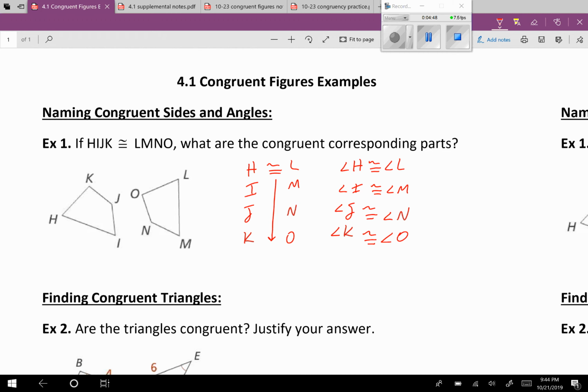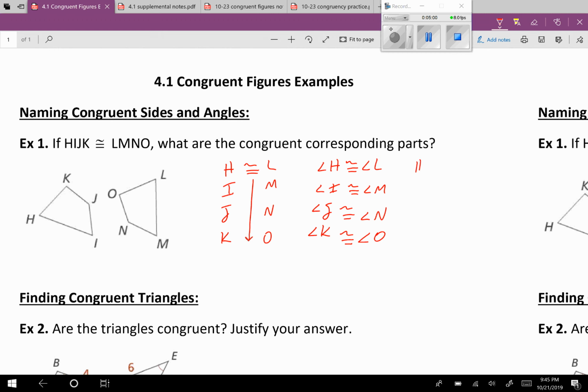But then you also have the different sides. We'll go in order, right? HI would be congruent to what? LM. You see they match. Our next one, IJ, would be congruent to MN.